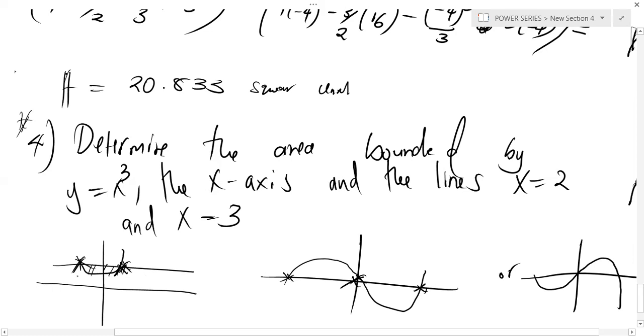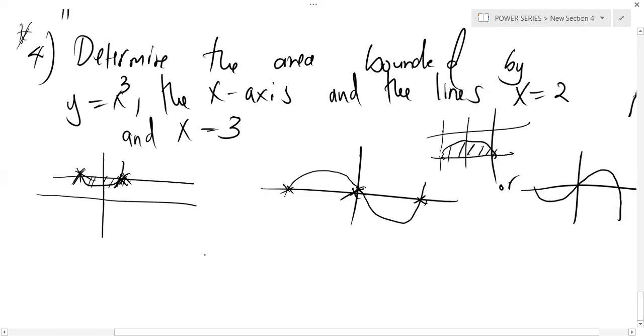Yes, you have these 2 points of intersection, but that area can look anyhow. You can have these as your 2 points of intersection, but the area that is wanted is here. Just knowing the points of intersection does not mean that now you can be able to get the area. The sketch is very much important.